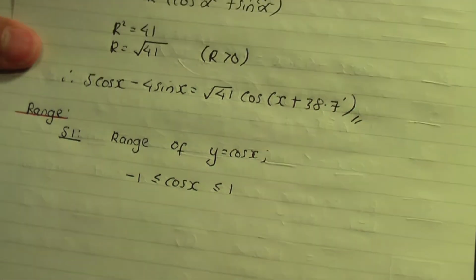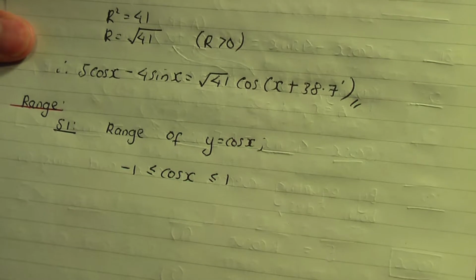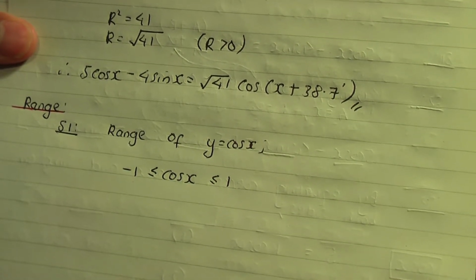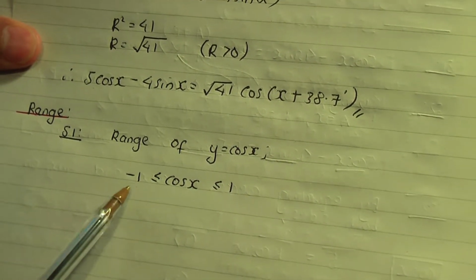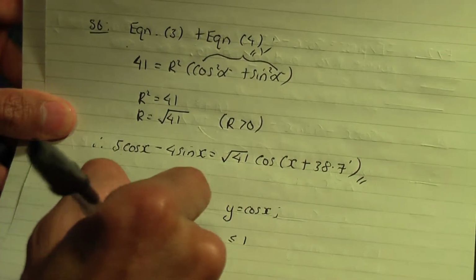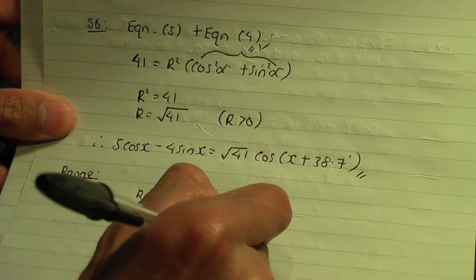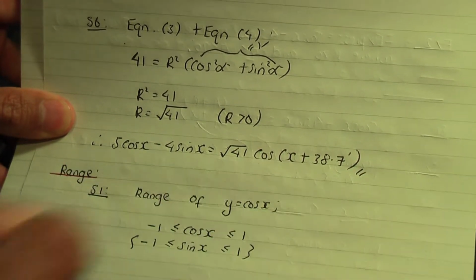If you graph y equals cos x, or y equals sin x, they both have the same range. Cos x and sin x both lie between minus 1 and plus 1, graphically.